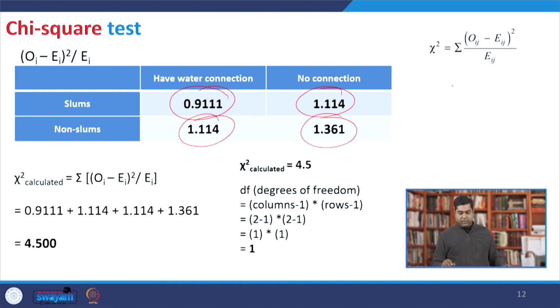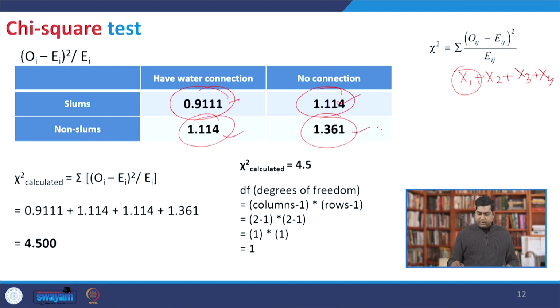So for this equation we are getting 4 values. I just represent them as x1 plus x2 plus x3 plus x4, where x1 is the result at 0.91, then x2 is maybe this one, x3 this one, this is x4, and then we take the sum total, and the chi-square calculated value comes to be 4.5.